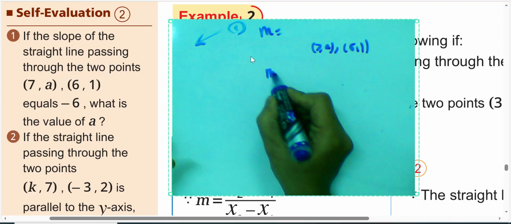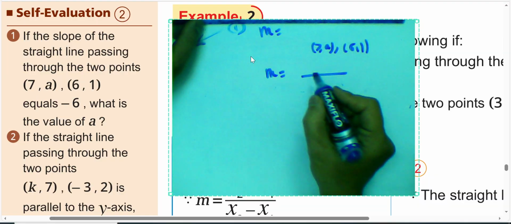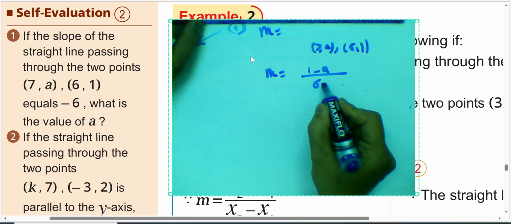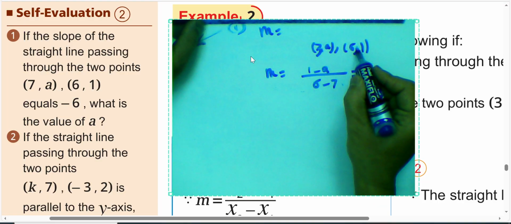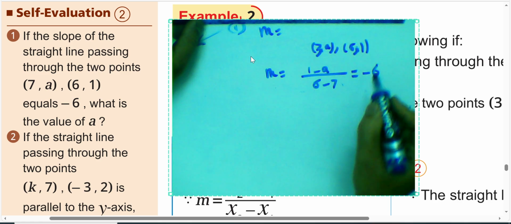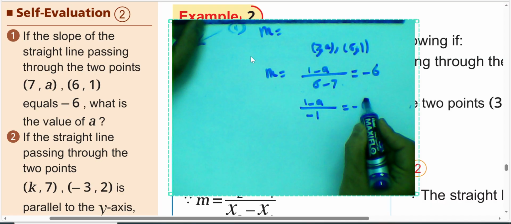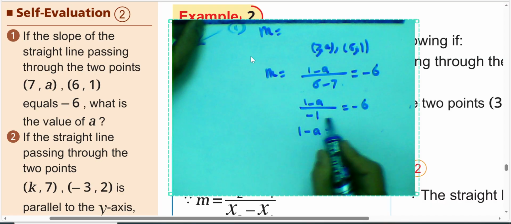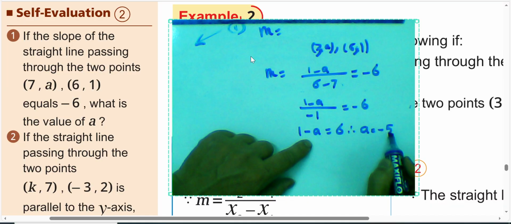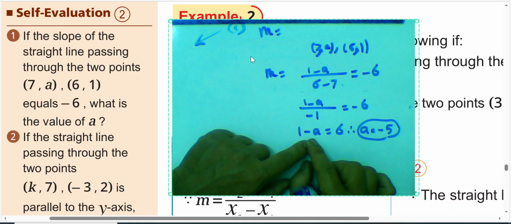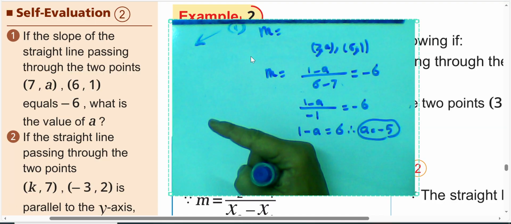Then the slope will be y2 minus y1, 1 minus A over 6 minus 7. The slope was negative 6. Then 1 minus A over 6 minus 7, negative 1, equals negative 6. Then 1 minus A equals negative 1 times negative 6 equals 6. And the value of A here equals negative 5. Negative 5 times negative 1 gives a positive 5. 5 plus 1 equals 6. Then the value of A here will be negative 5. This is question number 1.